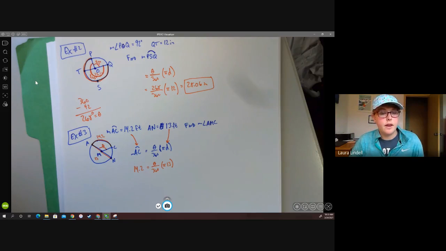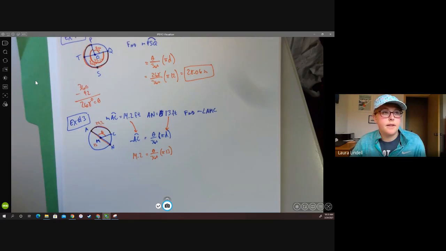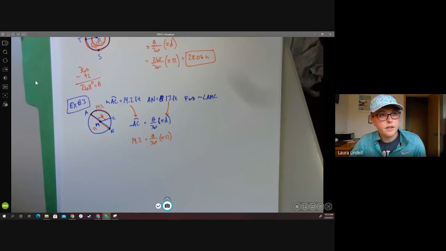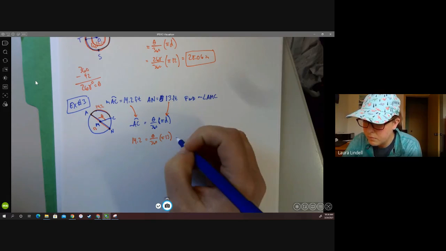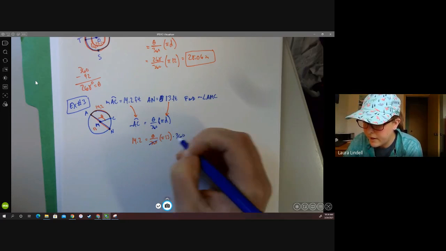And we want to get theta by itself. So this sort of thing is more of an exercise in algebra. Let's start by getting rid of the fraction. So I'm going to multiply by 360 on both sides.